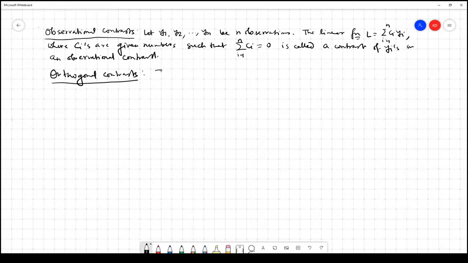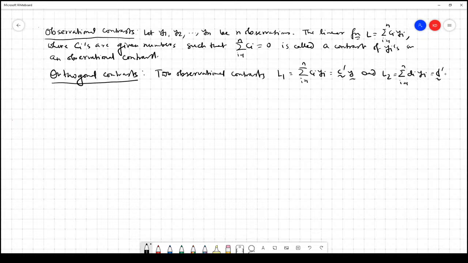Two observational contrasts, say L1, which is equal to the sum over i from 1 to n of ci yi, you can write c prime y, and another contrast L2, which I write as the sum over i from 1 to n of di yi.